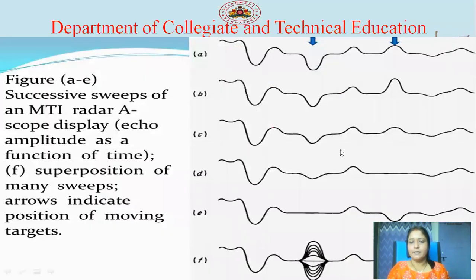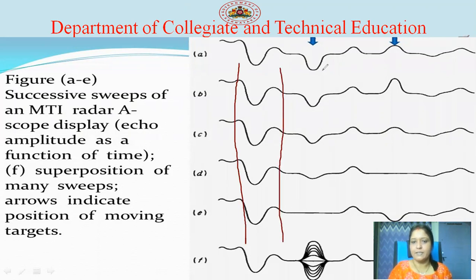Now let us see with the waveform. If you observe here, these are the phase differences obtained from the stationary objects, and these are the phases obtained from the moving targets.